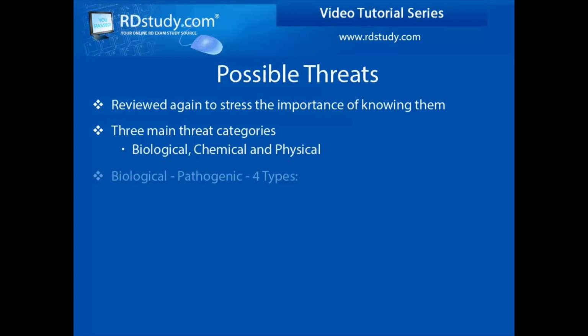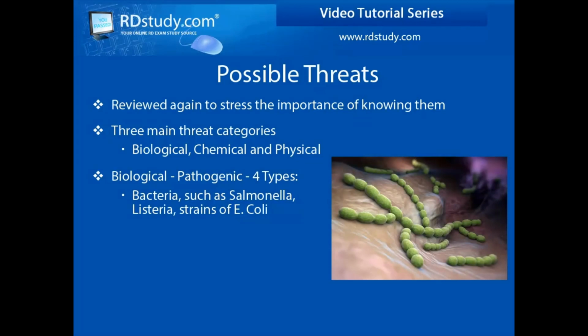When it comes to biological threats, they are pathogenic organisms that can cause illness and possibly death. There are four distinct classifications within the biological group: bacterial, such as Salmonella, Listeria, and strains of E. coli.